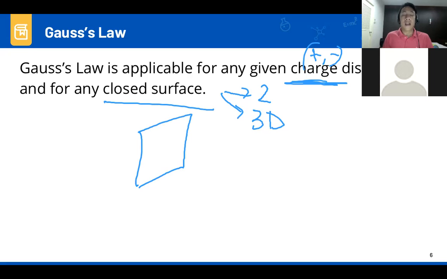But here in Gauss's law, we can use this formula to answer problems regarding electric field that is enclosed in a closed surface or enclosed inside a 3D surface. Okay? So, ito yung pinaka-application ng ating Gauss's law.